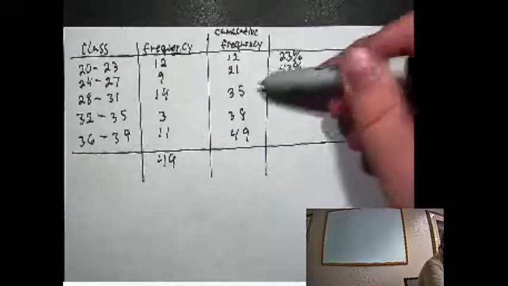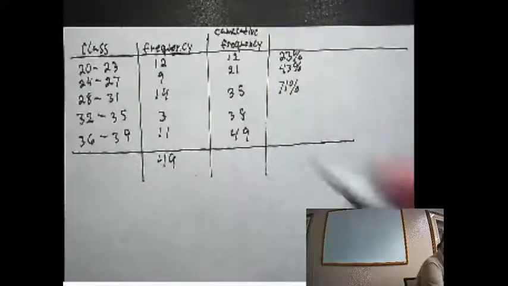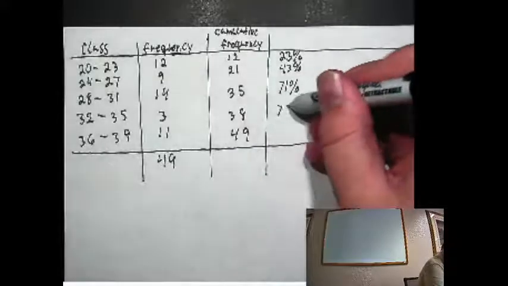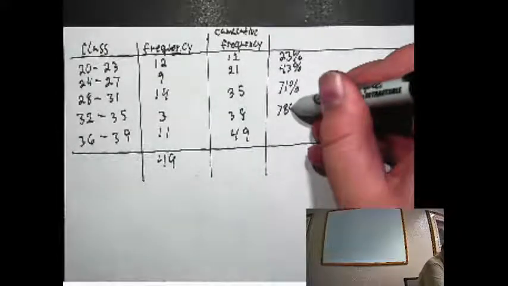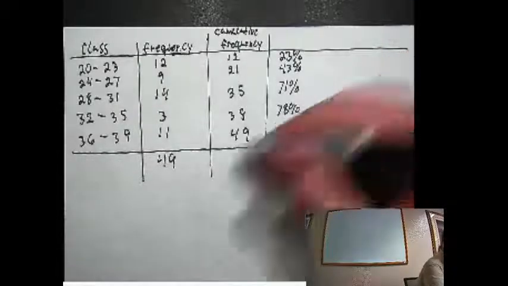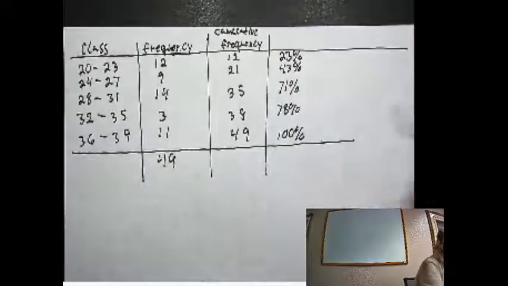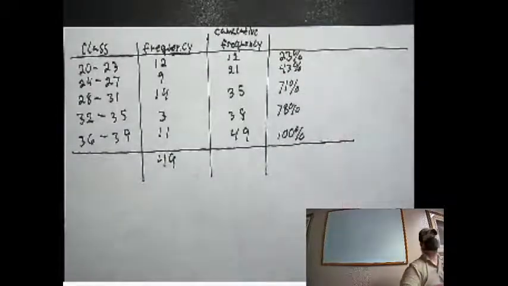So 71% of the data is in these 3 classes. Then 38 divided by 49 is 78. So 78% is in these 4 classes, and then 49 divided by 49 is 1. We get 100% in all the classes.